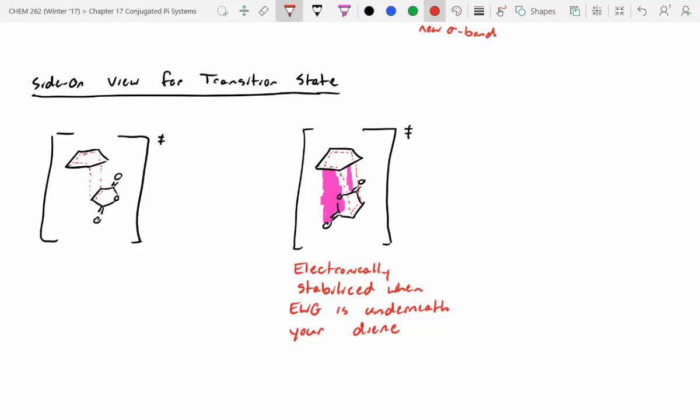Okay, so we know that this one, if we go through and we were to draw our final product out of it, is going to have this weird three-dimensional structure. So I'm going to go ahead and try to draw this using 3D features. So we've got this roof over here. That roof is from this carbon, so it kind of flips up. We've formed this pi bond over here.